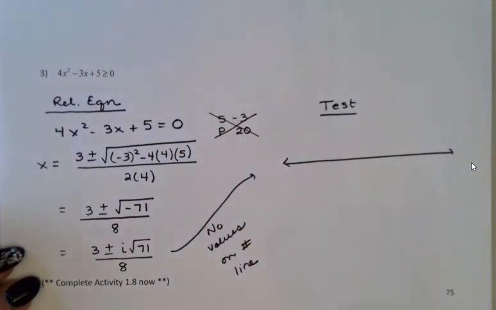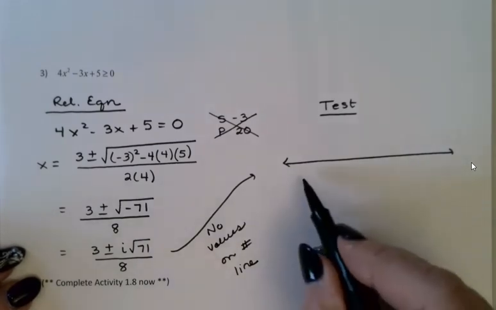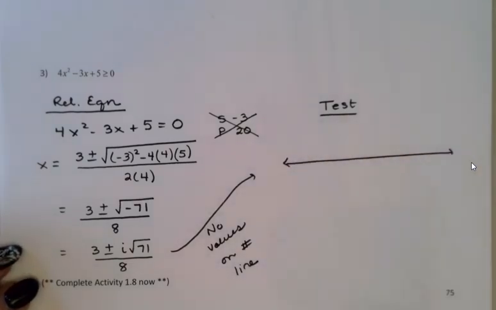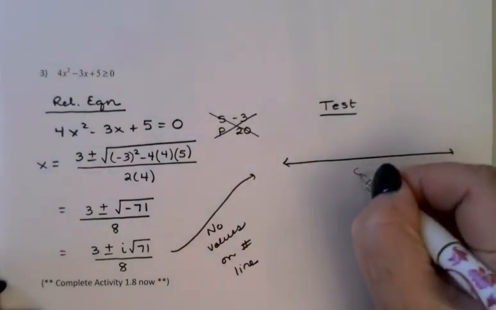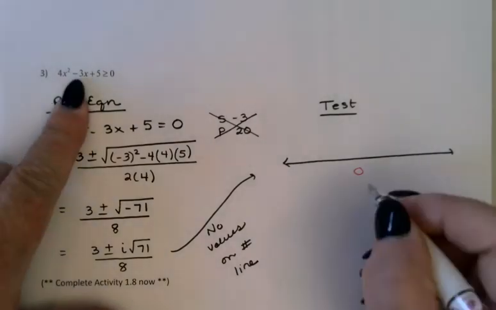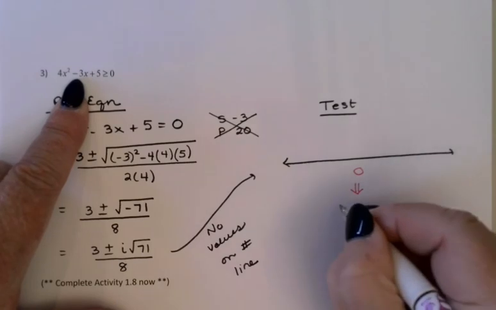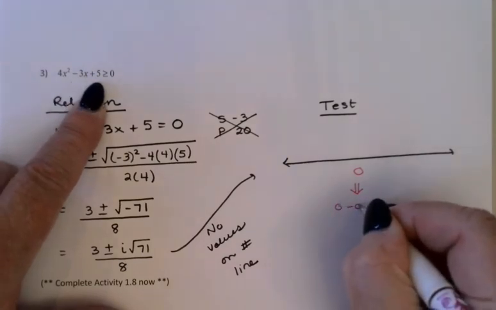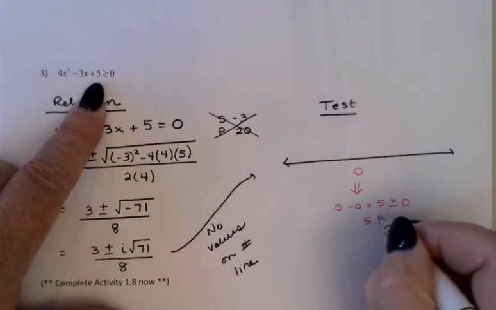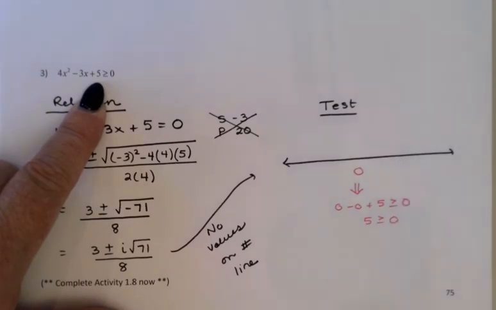That means there's really only one interval. As I test, I'll pick any one test value anywhere in here, and the entire thing will either be true or false. So let's see. Let's pick 0, because it's such a nice, easy number. I can even do it by hand, right? If I were to plug 0 in here, I would have 0 minus 0 plus 5 is greater than or equal to 0, and 5 is greater than or equal to 0.